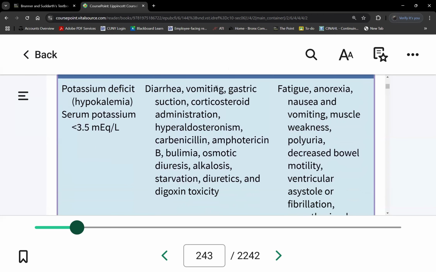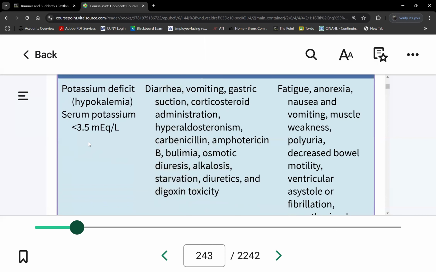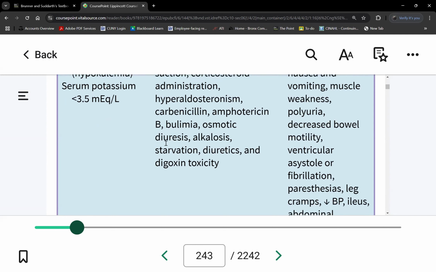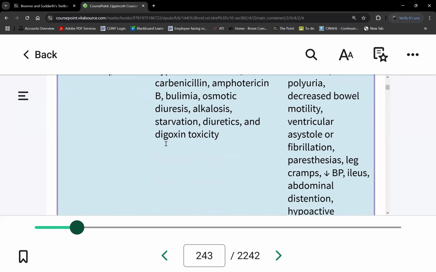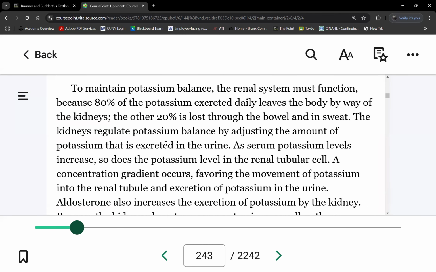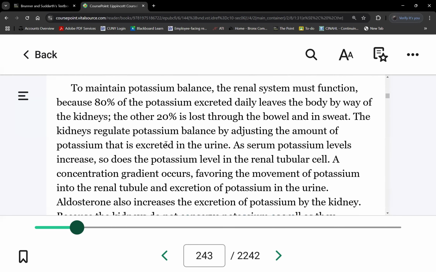Okay. And these are some of the common causes of potassium deficit. Now, unlike sodium problems wherein the treatment depends on the underlying cause, in potassium deficits or potassium excess, the treatment is the same regardless of the cause. Are we clear? All right, so we will test sodium imbalance management, okay, for exam one. Okay, let's go to manifestations now. So remember earlier, I mentioned about potassium and kidney function?